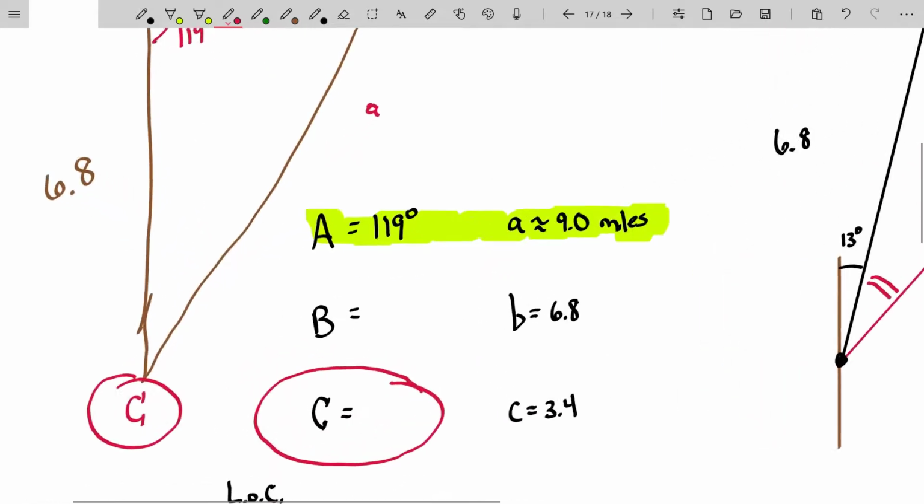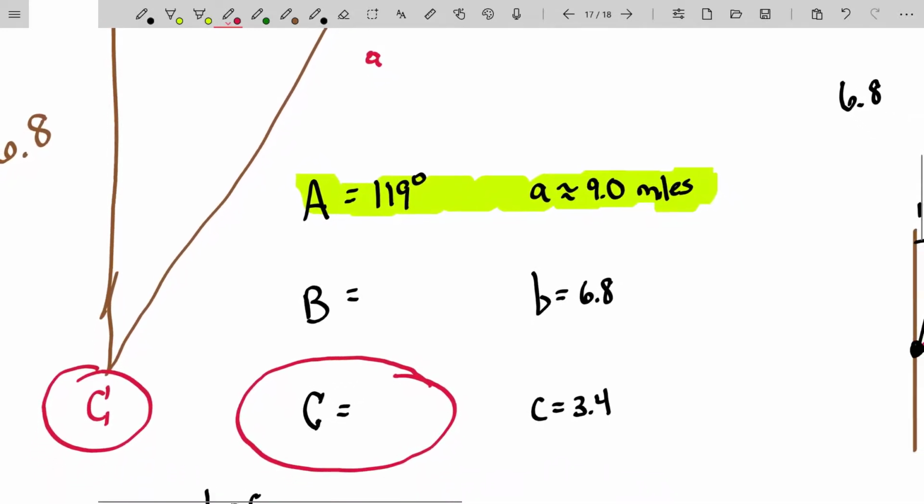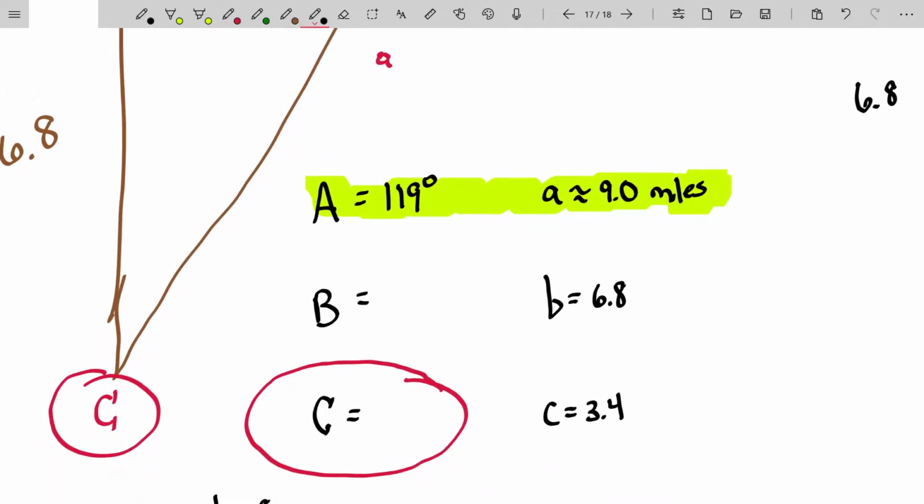Well, we have a complete row in this table, which means we can use law of sines. Just remember, when using law of sines normally, you want to use it on the angle opposite the smallest remaining side. I say normally because law of sines will only return angles that are acute, less than 90 degrees. If you try to find the angle opposite the largest remaining side, you risk finding an angle that might have been obtuse because it's opposite a large side.